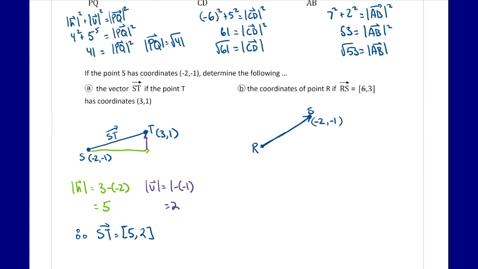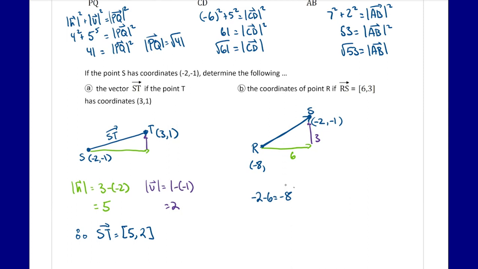And if I know the horizontal of 6 and the vertical of 3, I can work backwards to figure out what the components are. So for R, if I'm looking at the x value or the horizontal component, if I move back 6 from -2, this would have to be -8, or -2 minus 6 equals -8.